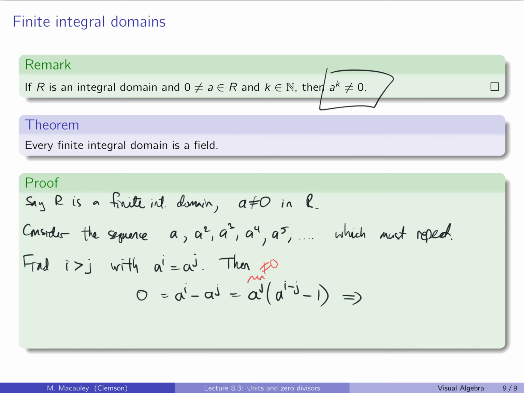So in other words, a to the i minus j minus 1 equals 0. But what does that mean? That means that a to the i minus j equals 1. And remember, i is bigger than j, so a times a to the i minus j minus 1 equals 1. And there is the multiplicative inverse of a. And that's all we had to show.